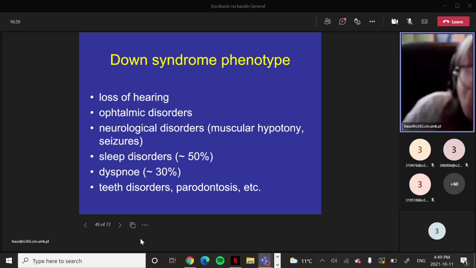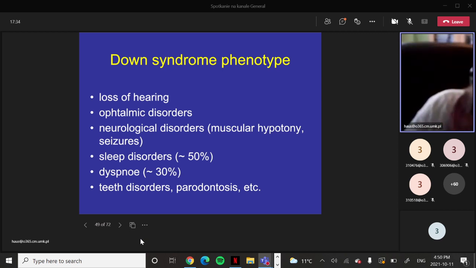And what else about the phenotype? Loss of hearing, ophthalmic disorders. We should always examine hearing and vision in children, because it is very important for their intellectual development also.